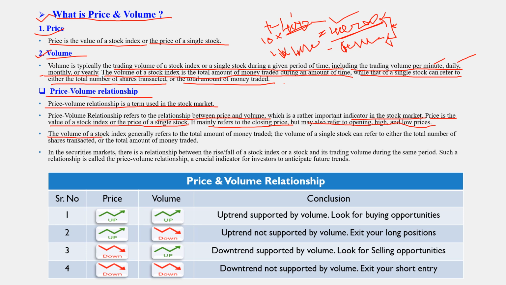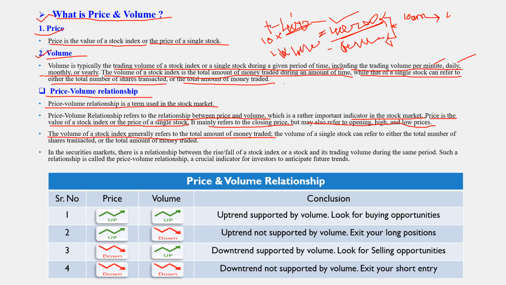The volume of a stock index generally refers to the total amount of money traded. Let's consider 10 a.m., right? At 10 a.m., how many traders will execute this stock?